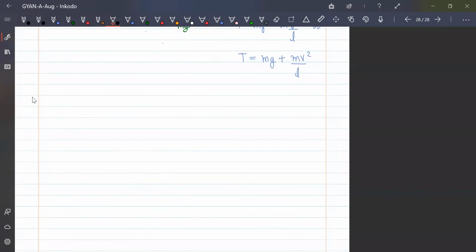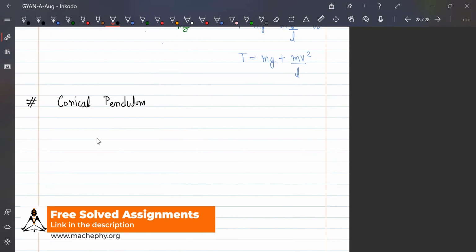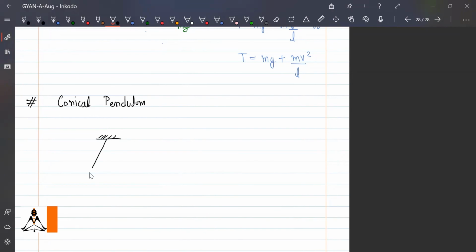Okay, let us do one more question. So we have this case, this is called conical pendulum, and we can make a pendulum from a cone shape. So बॉब को सिर्फ डायरेक्टली रिलीज ना करें.